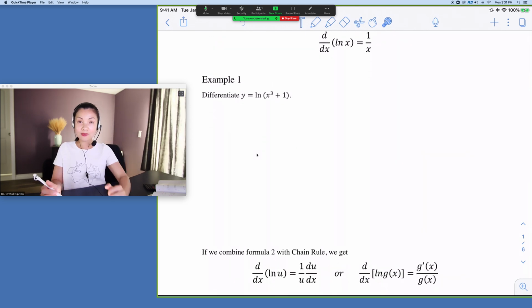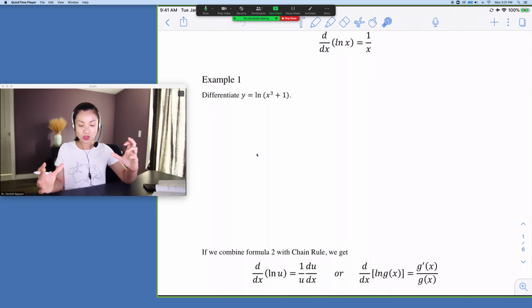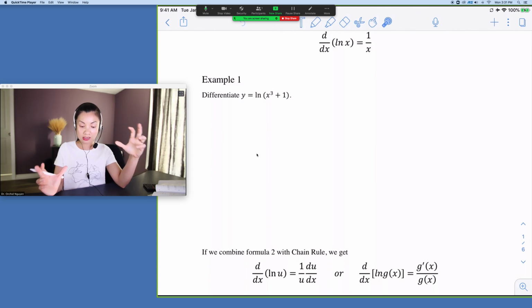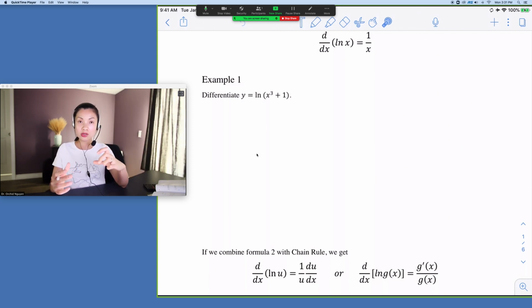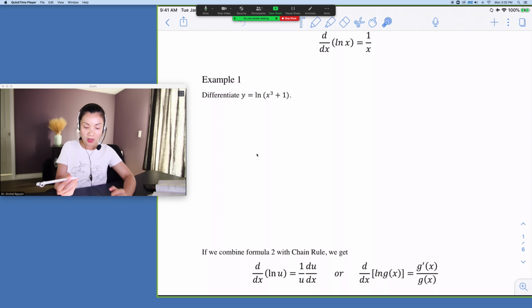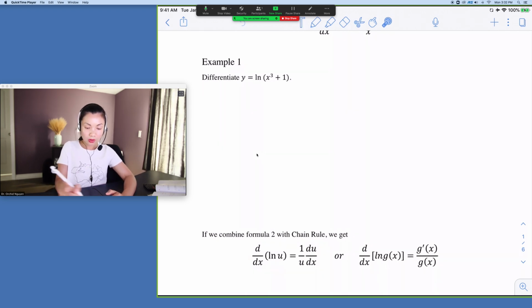Okay, so let's take a look at example 1. Keep in mind we have to do the chain rule. The outer function for this one is the ln function, and the inner is the x cubed plus 1 function. So first I need to take 1 over x cubed plus 1.